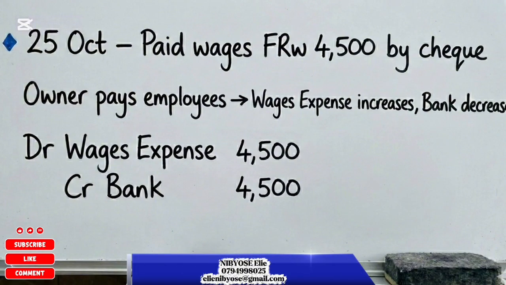And let's move on to the last one on 25 October, where the company paid wages of 4,500 francs by check. When it is involving check, it means that it is also affecting the bank account. Because we paid the wages using the bank account, the bank account as an asset is reducing, so we have to credit bank by 4,500 francs, and we also debit wages expense as an expense increasing.